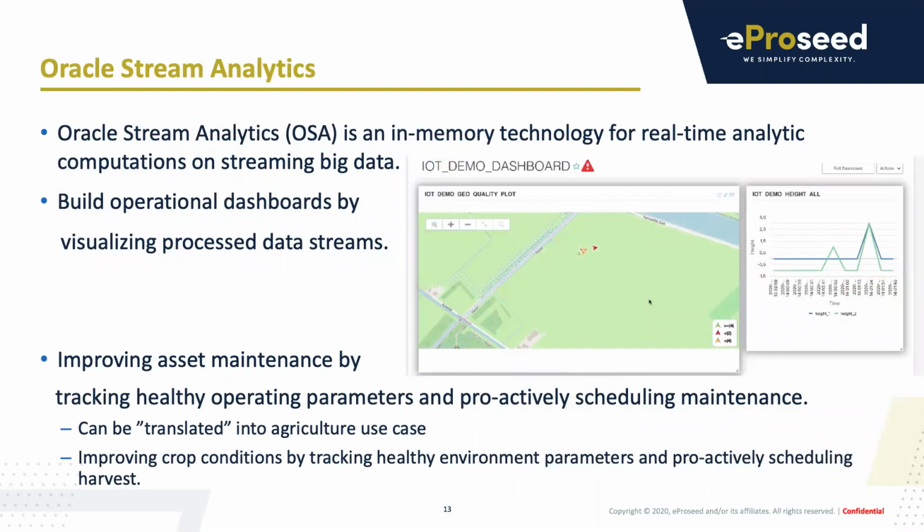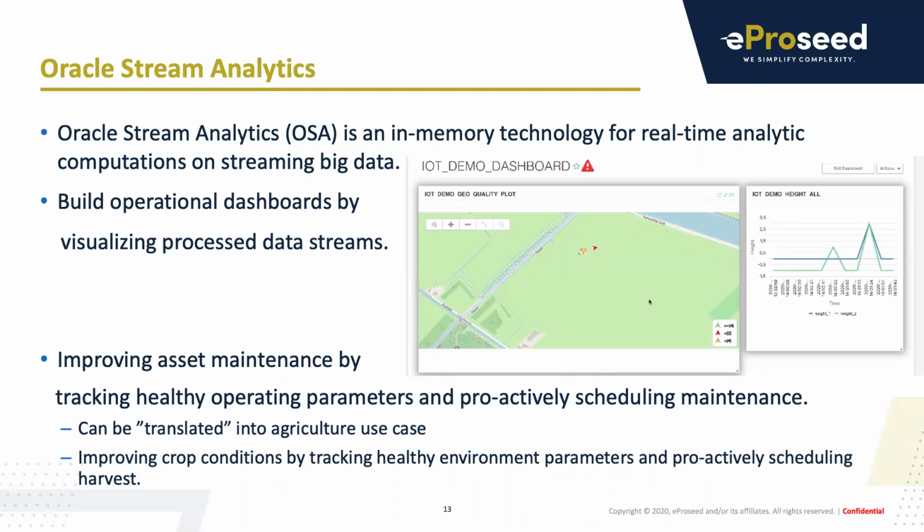Another component, Oracle Stream Analytics, which is well, more or less in-memory technology for real-time analytics and computations on streaming data. What you can do with that is, for instance, build operational dashboards that visualize all the processed data streams. It can improve asset management, asset maintenance. You can set all kinds of thresholds.